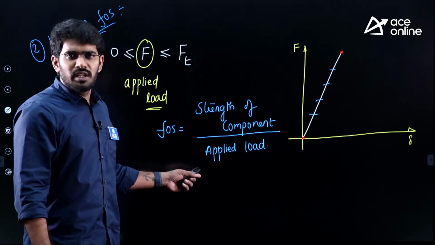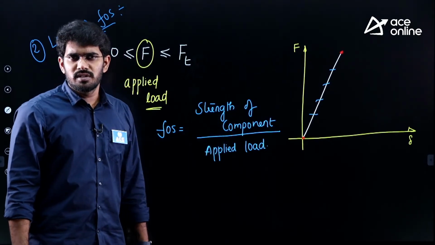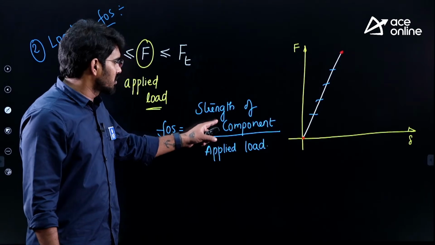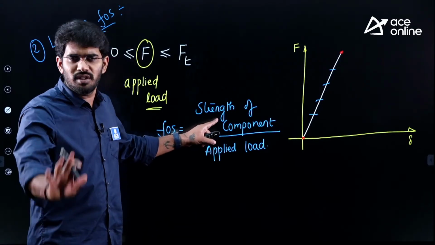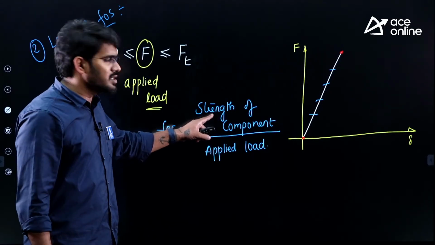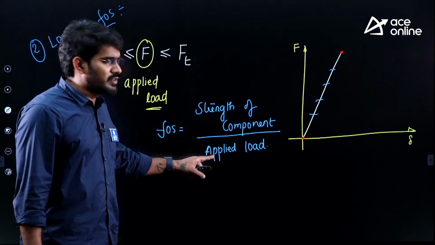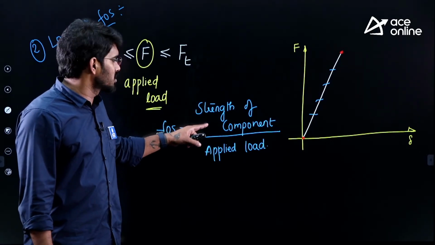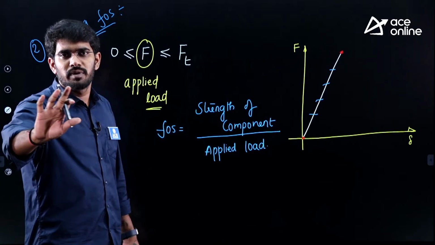Remember that if you are increasing the load on this component, the applied load is increasing, and the strength of the component is not going to change. This is Ft, which remains constant. If the denominator increases and reaches Ft, the component fails.